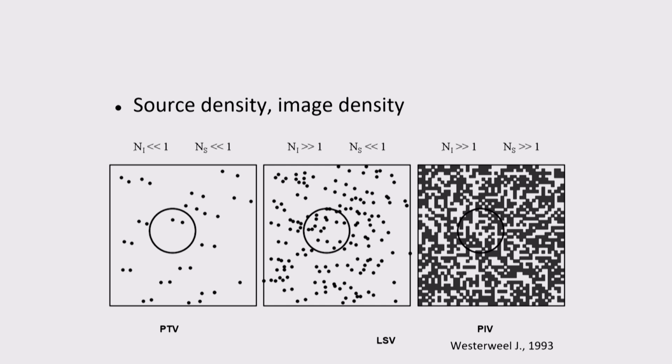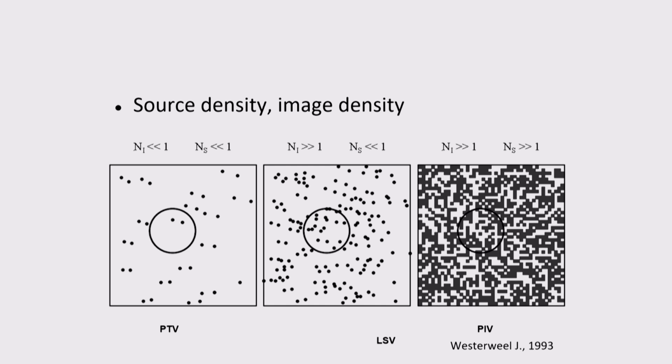Now the seeding. You need to seed the flow in such a way that it should have something like this. If it is too sparse, if the seeding particles do not fill the entire area, then you can see individual particles moving, so that goes closer to PTV.